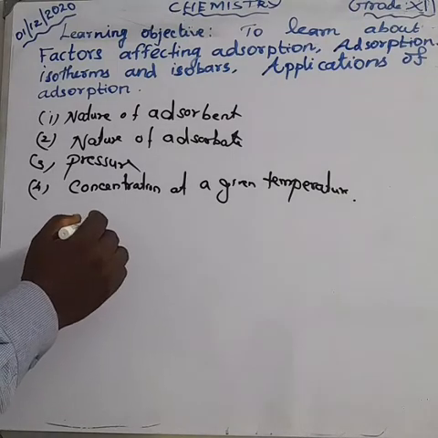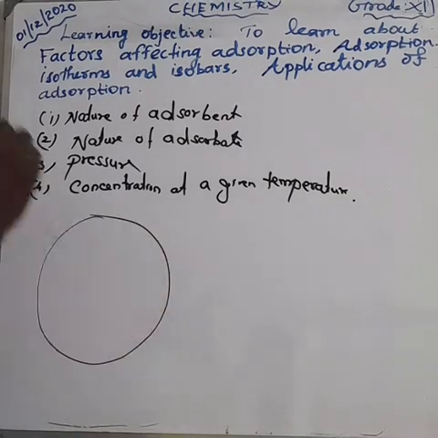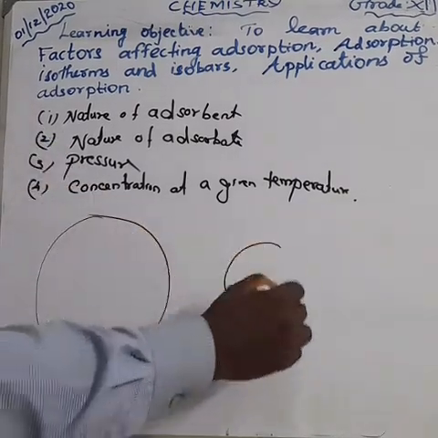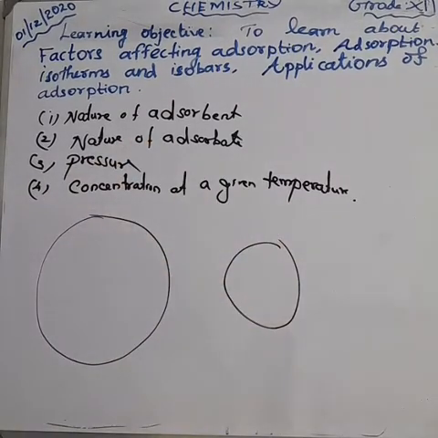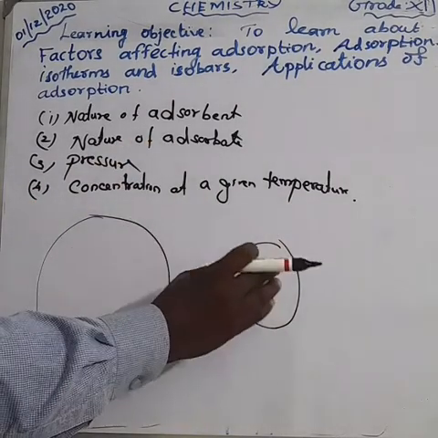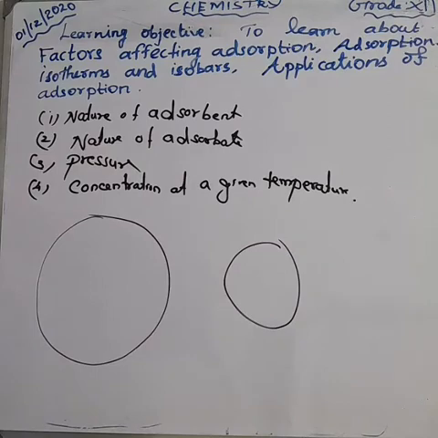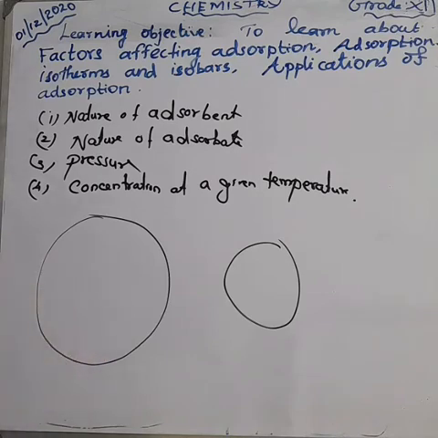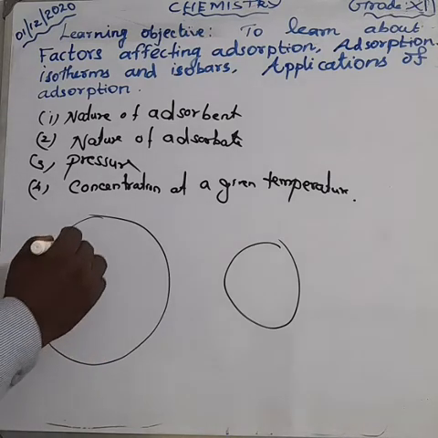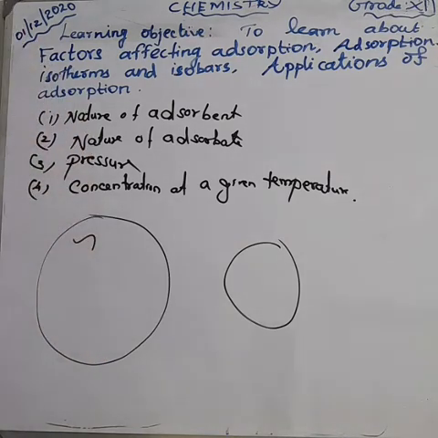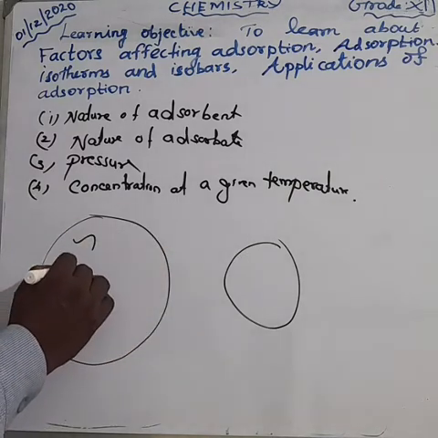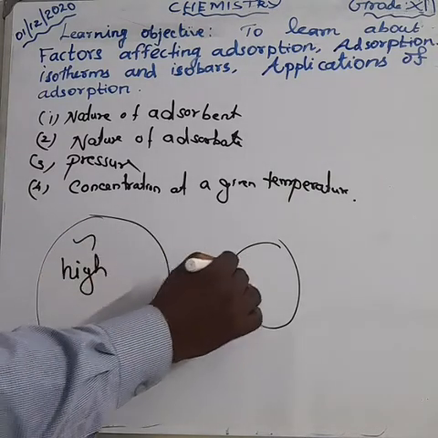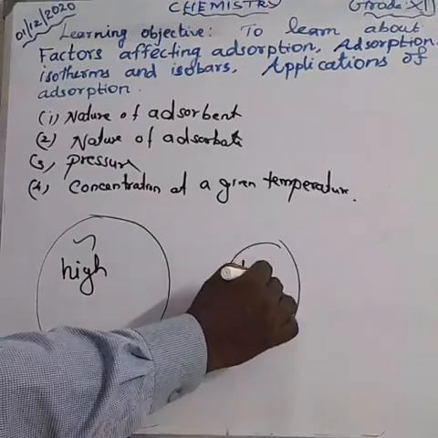It's not like this is one surface area and this is another surface area. Out of these 2 surface areas, which has high adsorption? Here is high, here is low.